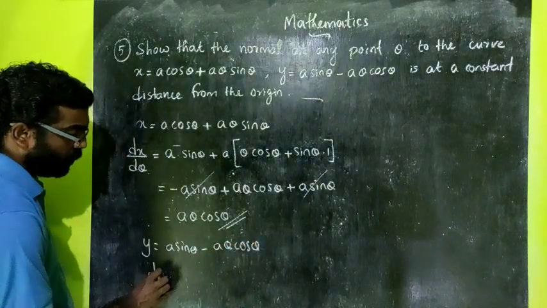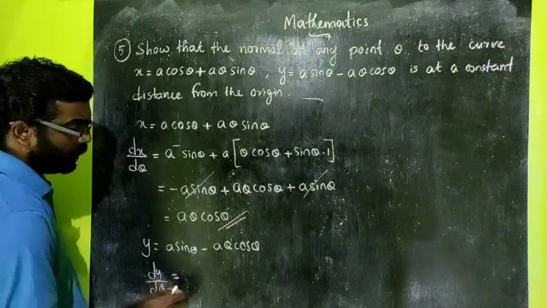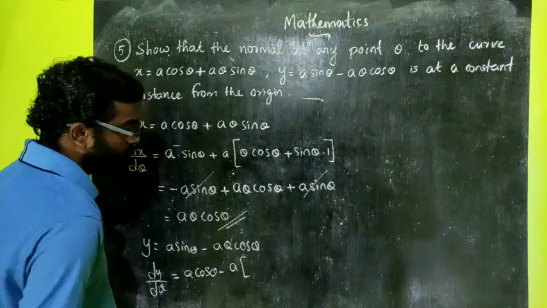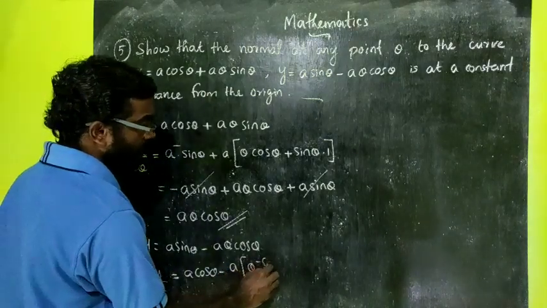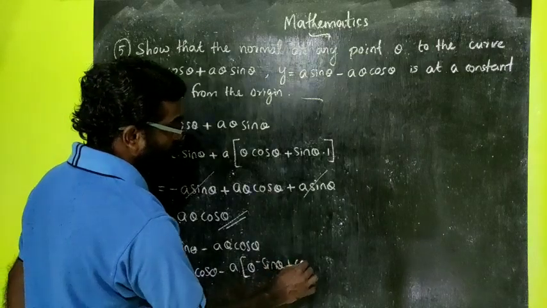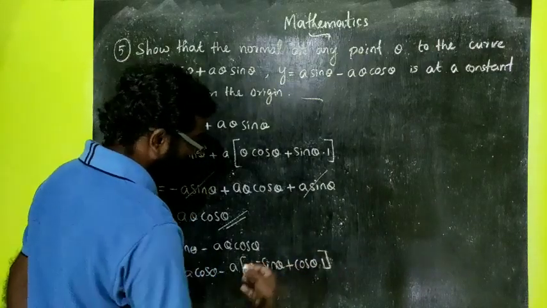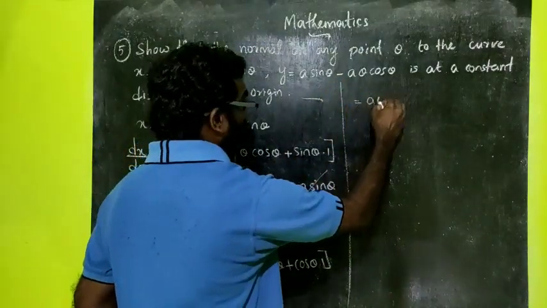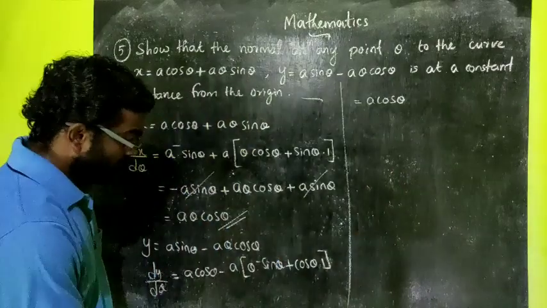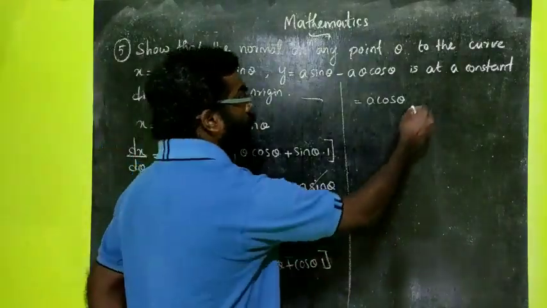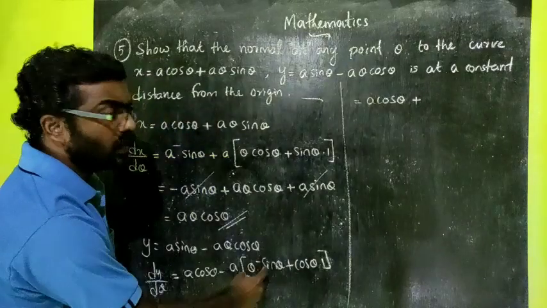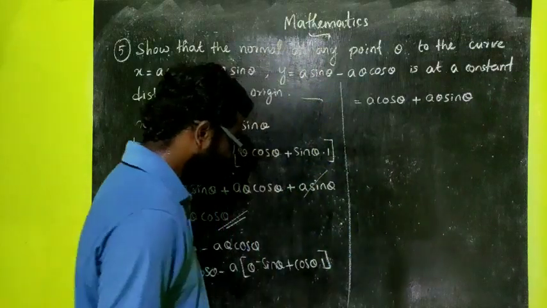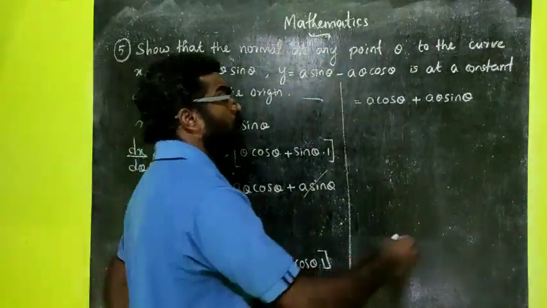Here we can find dy by d theta, which is equal to a into cos theta, then minus a into, here also product rule, theta into minus sin theta, then plus cos theta into 1, and which is equal to a cos theta, minus into minus plus, a theta sin theta, then minus a cos theta, giving a theta sin theta.